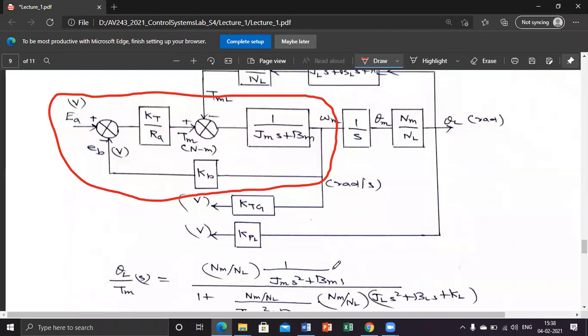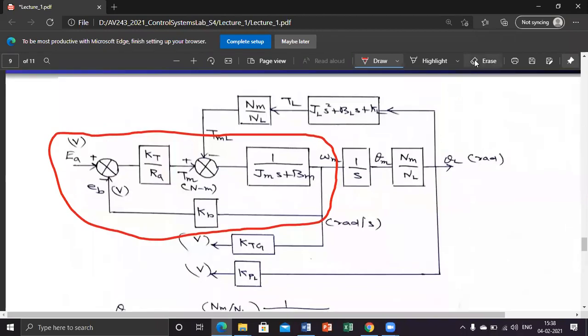So let us now derive the transfer function of this combined system. That means what we are looking for is theta L as the output and EA as the input. That is the total thing. That can be split into two portions. One is, you first concentrate on the transfer function from Tm to theta L. Then we'll move on to the other one.